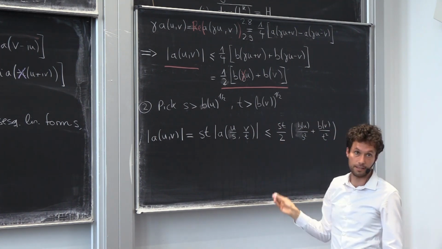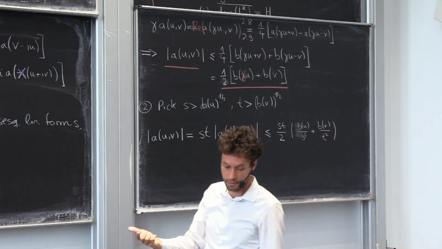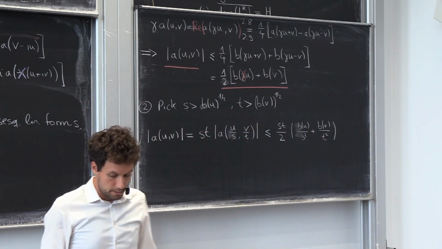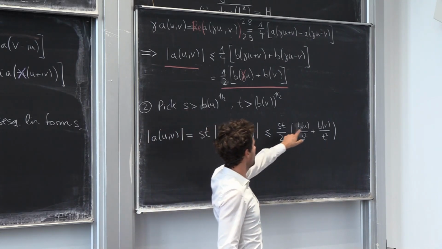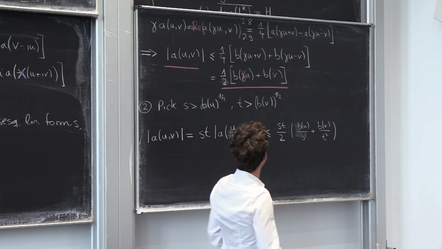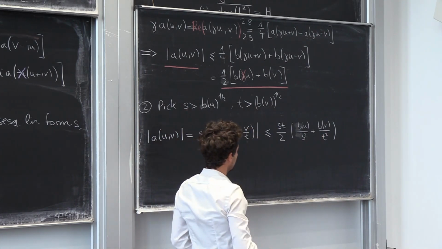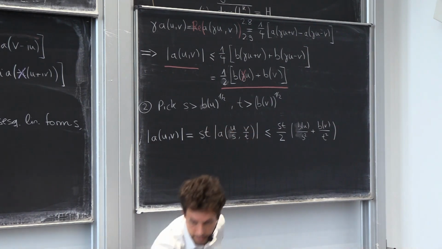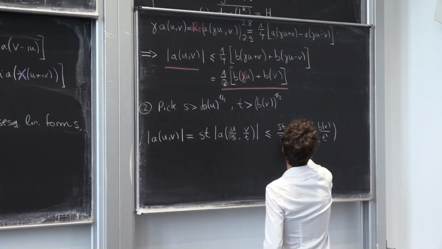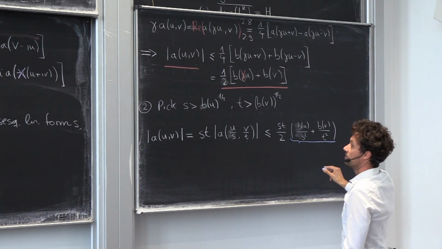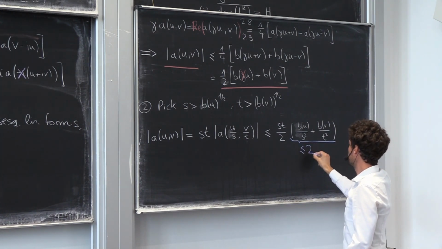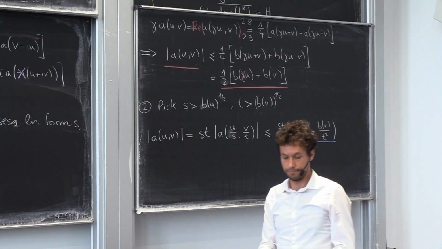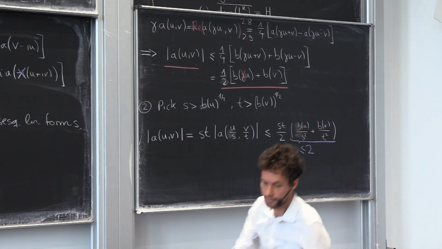The 1 over s out of the quadratic form goes out with a square. Okay, but s is larger than the square root of b of u, and t is larger than the square root of b of v. In other words, this term here is bounded by 2. And so the 2 cancels.